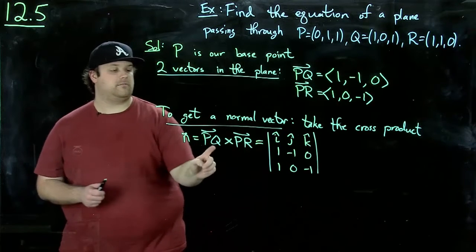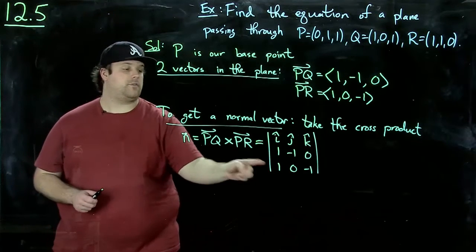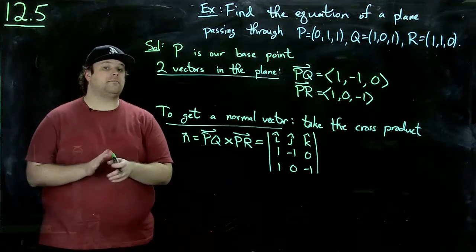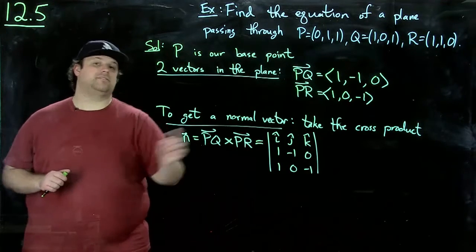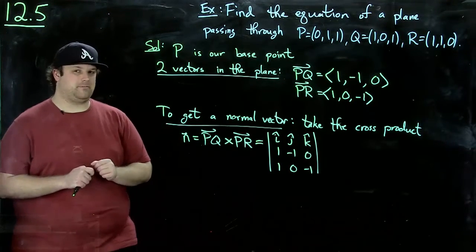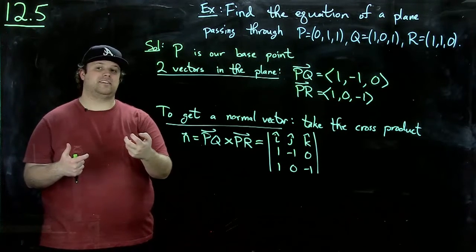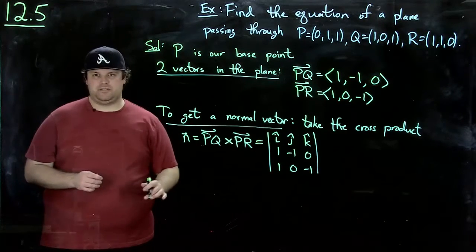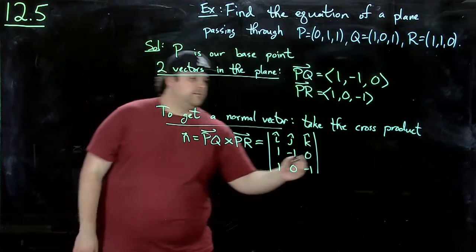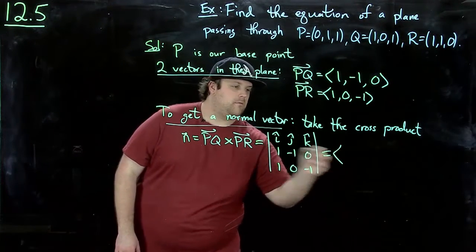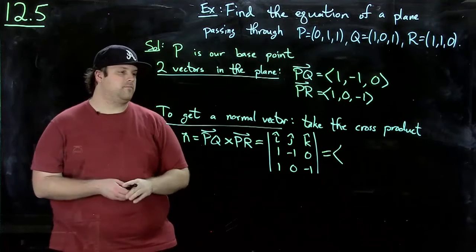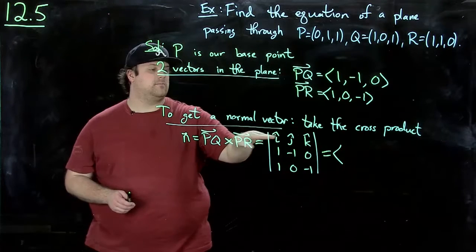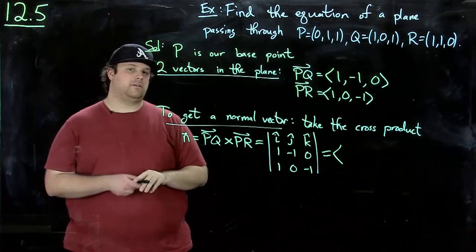If you remember, the first row has I, J, K. The second row is the first vector. The third row is the second vector. Do remember that the order of these rows is very important. You might remember that A cross B is negative B cross A. Okay, so let's actually compute this cross product now. To get the first entry, we're going to cross out the first column and the first row.